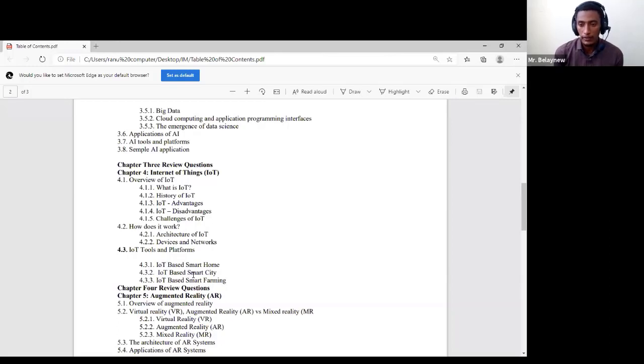Actually, internet means the largest network, or interconnection between computers which are found worldwide. So what is the Internet of Things?